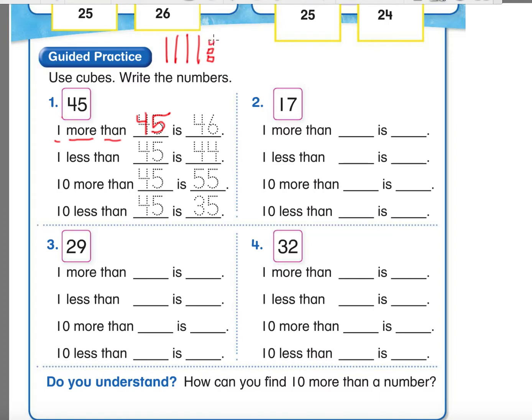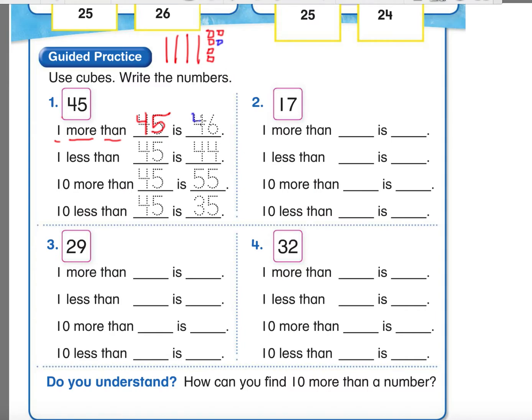One more than 45 is, oh, I forgot to draw these cubes. 2, 3, 4, 5. Now, of course, we can always draw. So if I'm not sure and I want to draw one more, right? I can count on 10, 20, 30, 40, 41, 42, 43, 44, 45, 46.